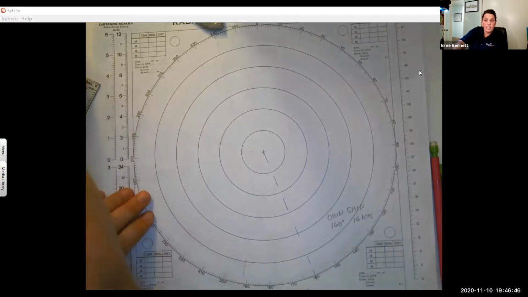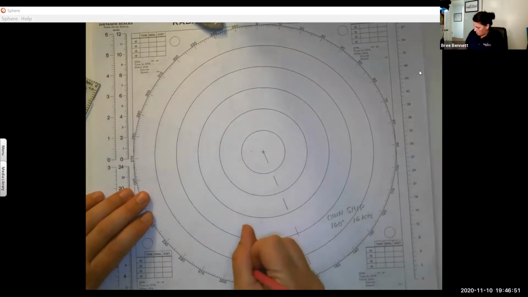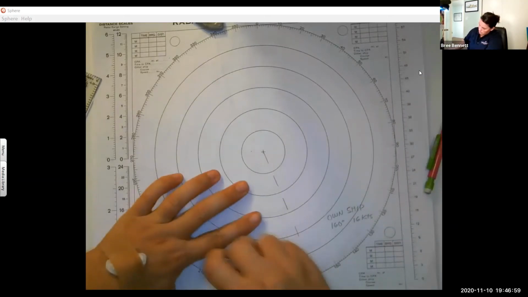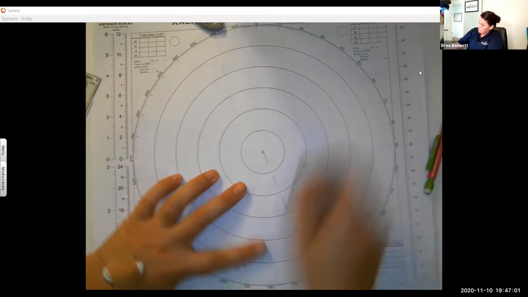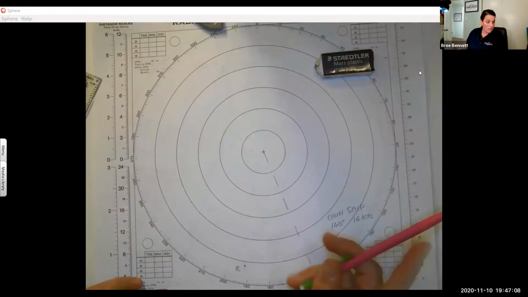And we're going to label this R. This is our first one. Clean it up a little. Okay, so there's our R.